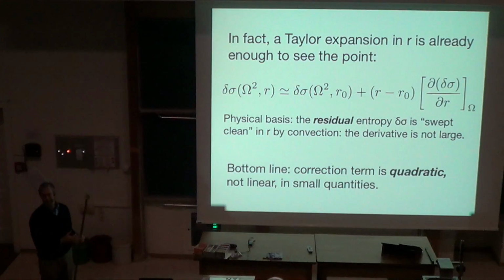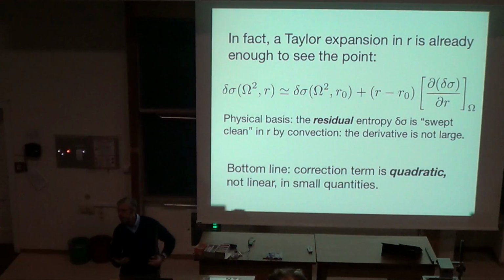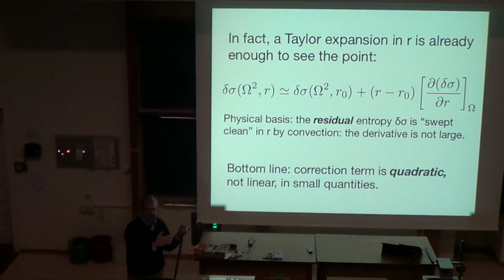So it's not surprising that this works as well as it does. It's inevitable. It's more a test of the thermal wind equation itself rather than a test of the physics of the relationship between entropy and angular velocity.